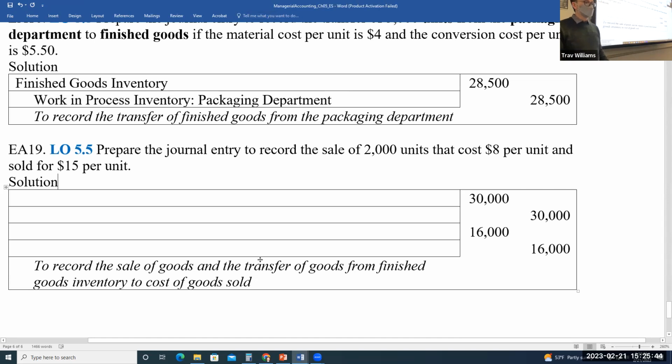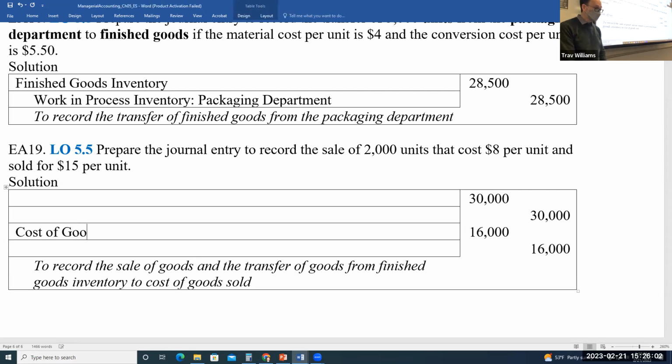Okay, number 19, we sold 2,000 units at a cost of $8 per unit, sales price of $15 per unit. What would be the debits and the credits in this journal entry? Cost of goods sold. What else? Finished goods inventory. Okay, correct. You might remember from financial accounting, it was normally coming out of merchandise inventory.